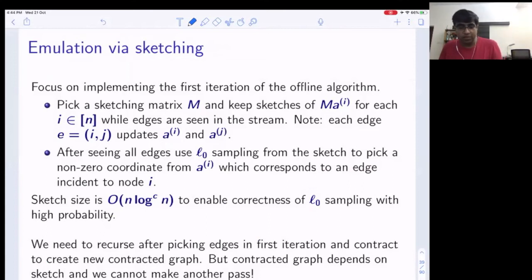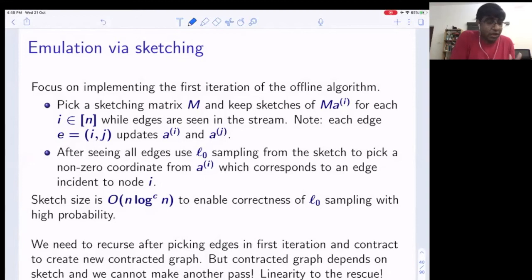You get my point? This is where the linearity will come to our rescue. Because we have contracted the graph, and it depends on the sketch, it's not that we can make another pass of the stream to look at this connected component and that. You're just going to make one pass. So whatever you have contracted, from there we need to do something.